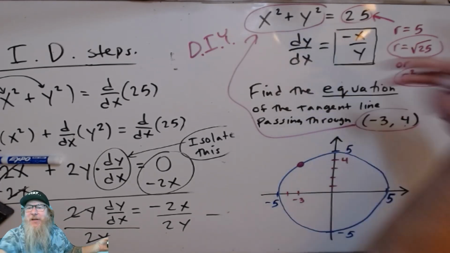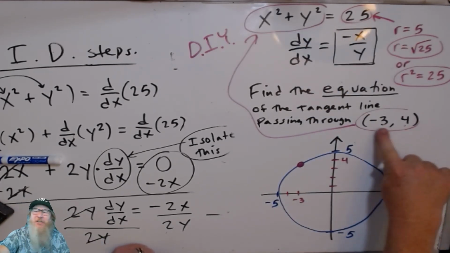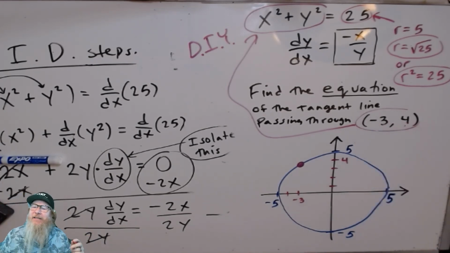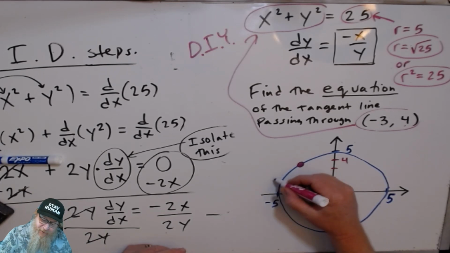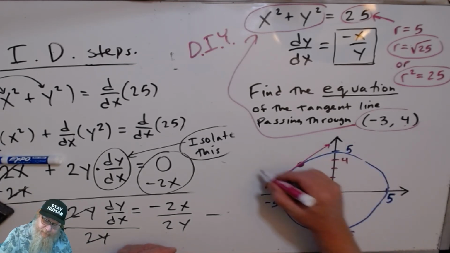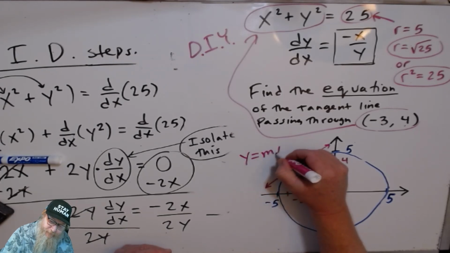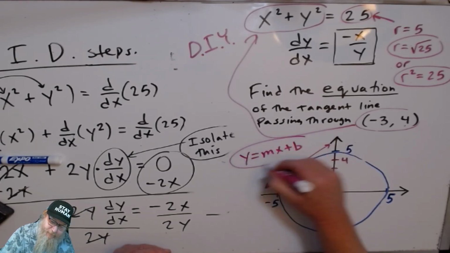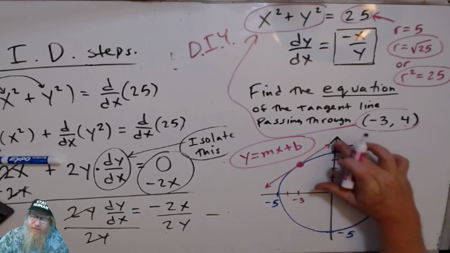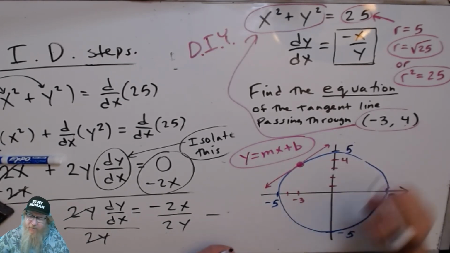When you add those up, you do in fact get 25. So I can't just make up any point that I want. It has to be a point that actually exists on the graph. And so I want the equation of the tangent line passing through that point.